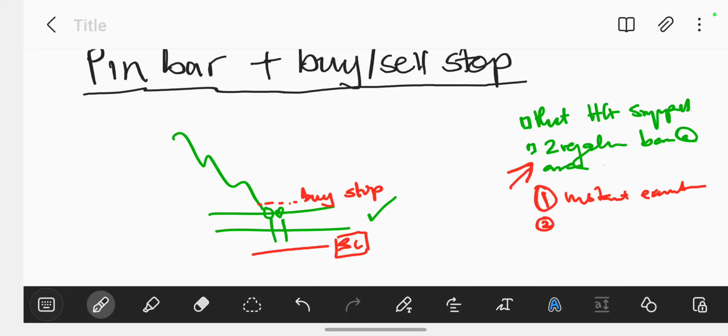So trader two, I'll show you the advantage on both sides. Advantage of trader one: he entered immediately, somewhere there when the thing still closed, and that's a buy. Trader two entered with the buy stop.